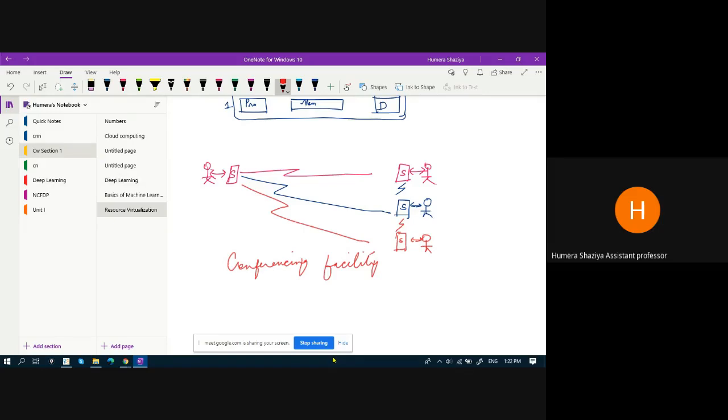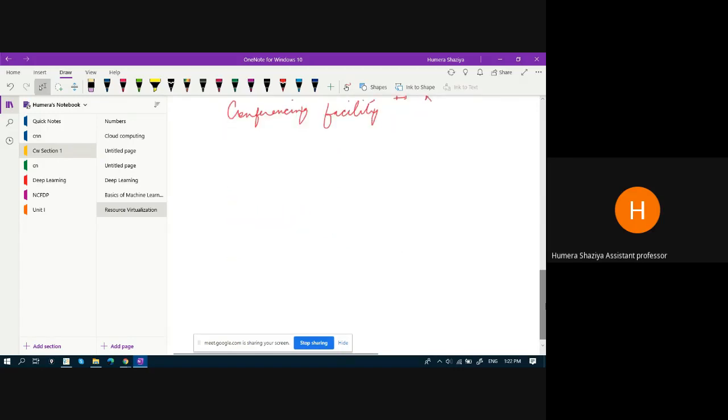How is it possible to interact with multiple people at the same time? Because this is your mobile, meaning hardware.